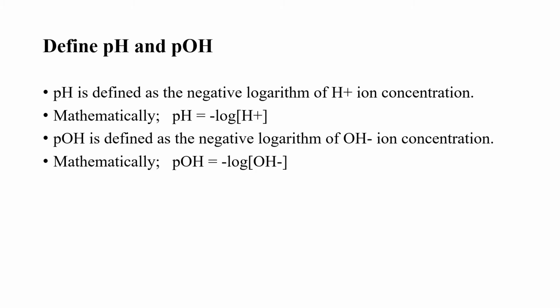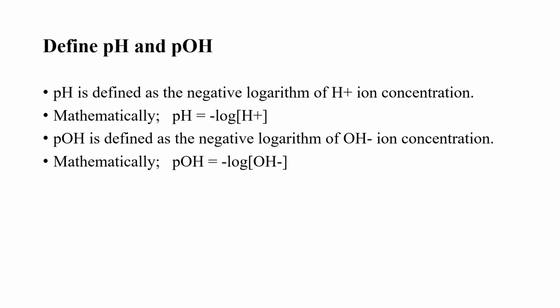So that is why we have taken a new concept. The scientist named Sorensen introduced that concept for the very first time. What is the pH? It is the negative logarithm of hydrogen ion concentration. Its mathematical equation will be negative log of hydrogen ion concentration. Similarly, what is pOH? It is the negative logarithm of hydroxide ion concentration.